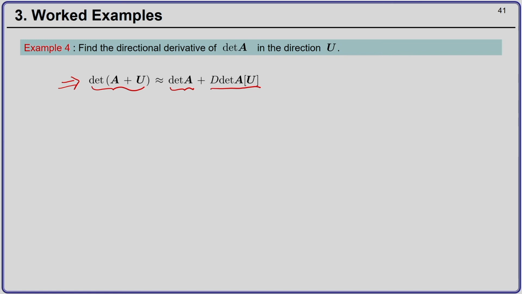So, this directional derivative is the change in the value of the determinant when A is incremented by u.